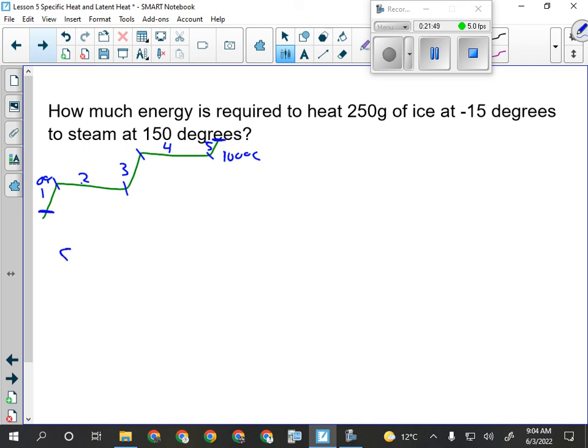Step 1, we said, is heating the ice to 0 degrees Celsius from minus 15 degrees Celsius. So what formula would I use to calculate how much energy that would require? I would use E equals mc delta T because there's a temperature change.